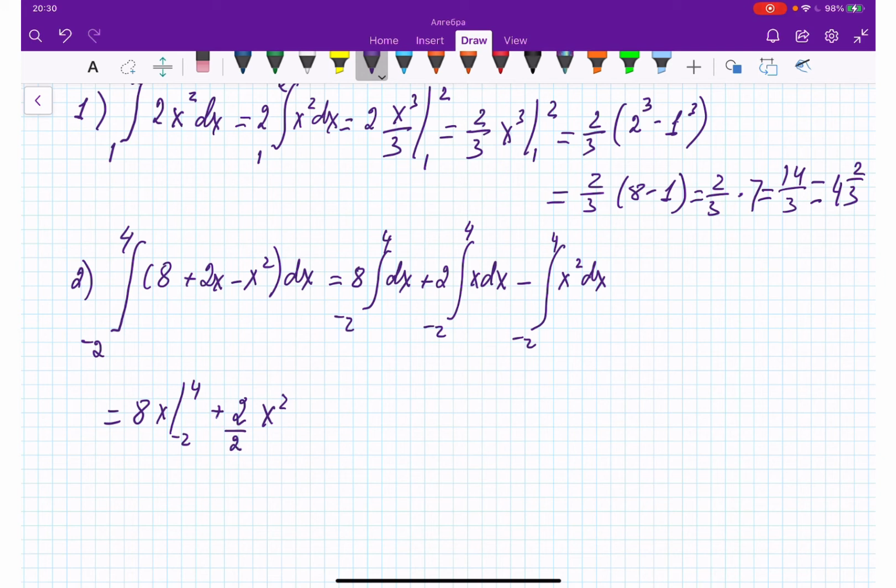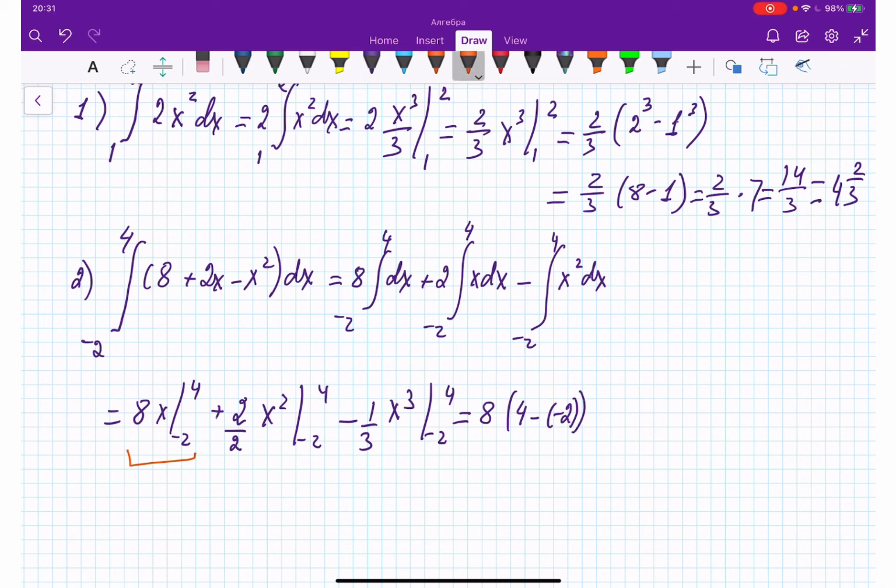Well, divided by 2, I will put it here, from -2 to 4, and minus x cubed divided by 3, I'll put here 1/3, from -2 to 4. Okay, this is equal to 8 times, so plugging in x is 4 first, right? I'm working on the first piece. So 4 minus -2, you have to be careful here.